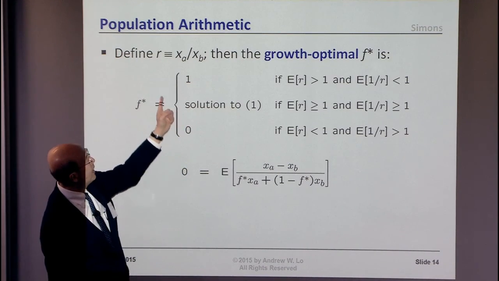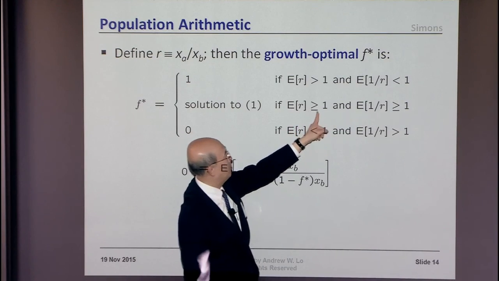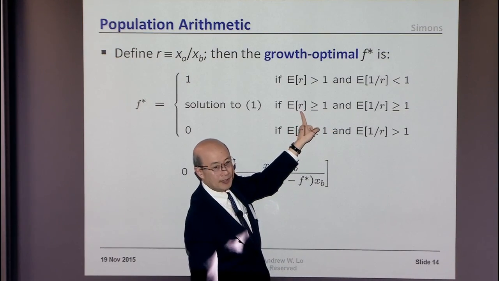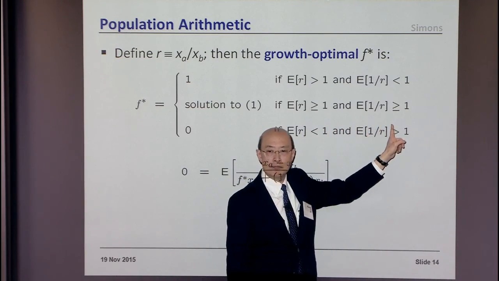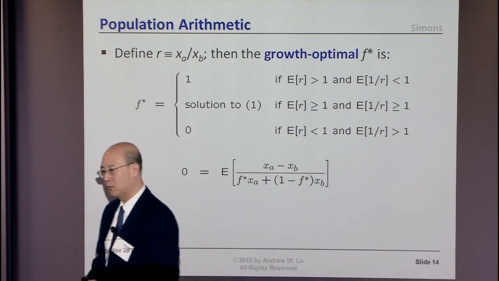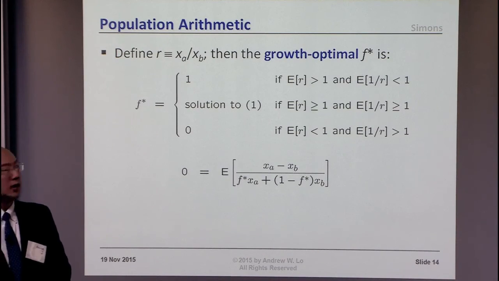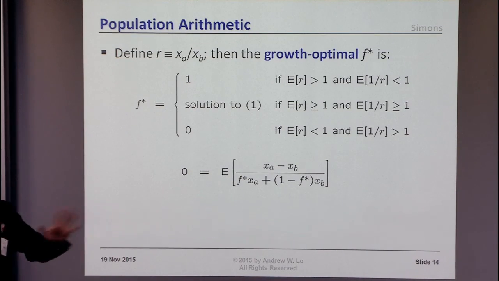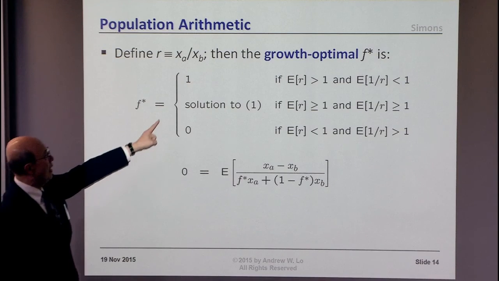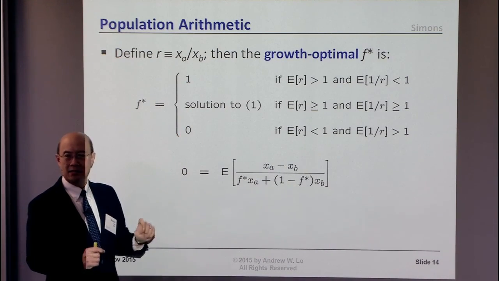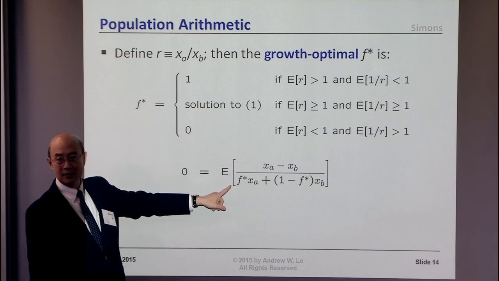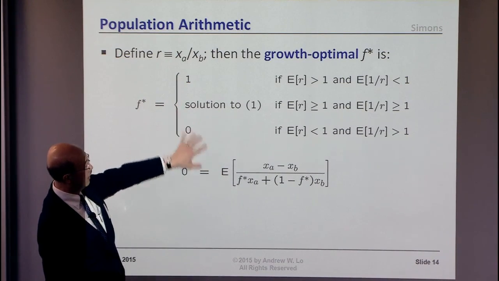But because it's a random variable, this can happen. You can actually have the expectation of r being greater than or equal to 1 and the expectation of the reciprocal of r being less than or equal to 1. Both of them can be greater than or equal to 1. If that happens, then the optimal solution, the solution that maximizes the growth rate, is to randomize with this particular level of randomization.